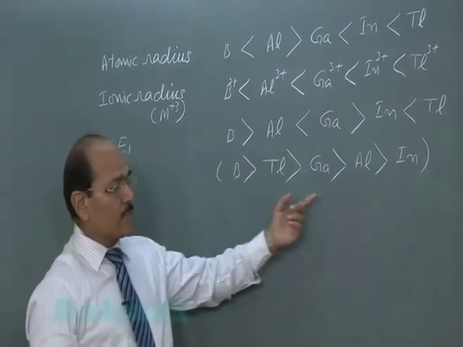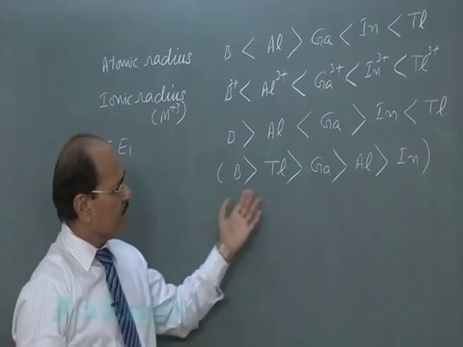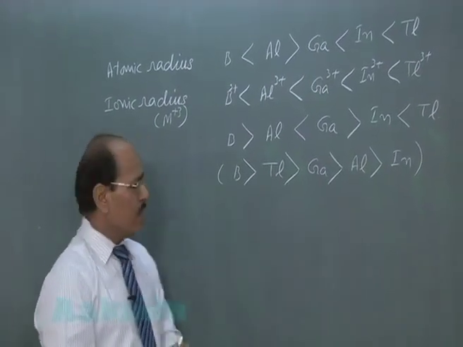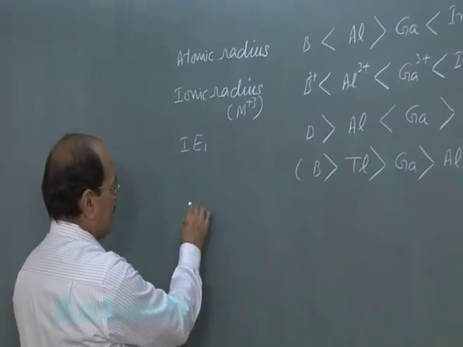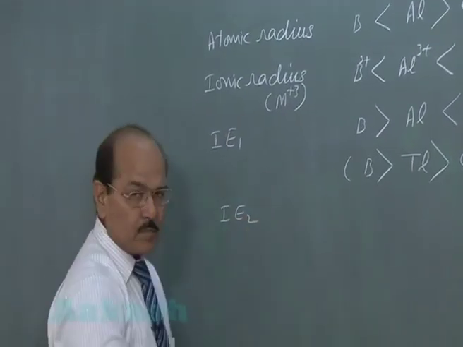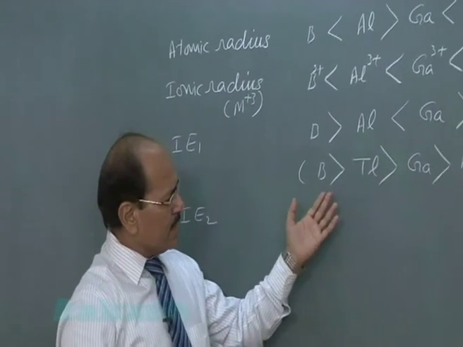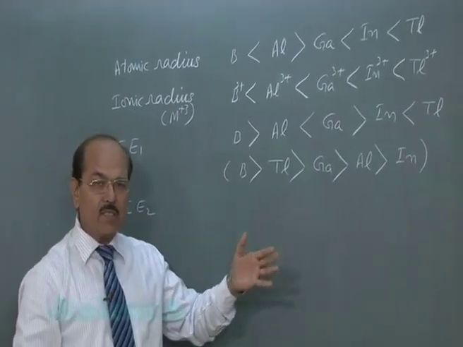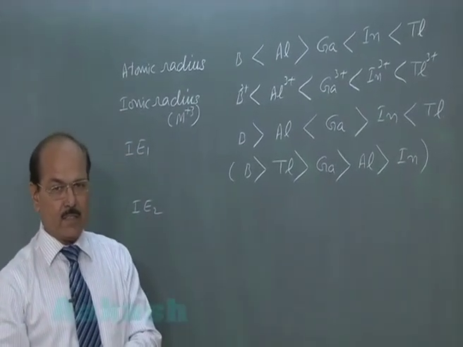This is the actual trend of the first ionization energy. Now we compare the second ionization energy. Definitely the second ionization energy of these elements is higher than the first ionization energy.